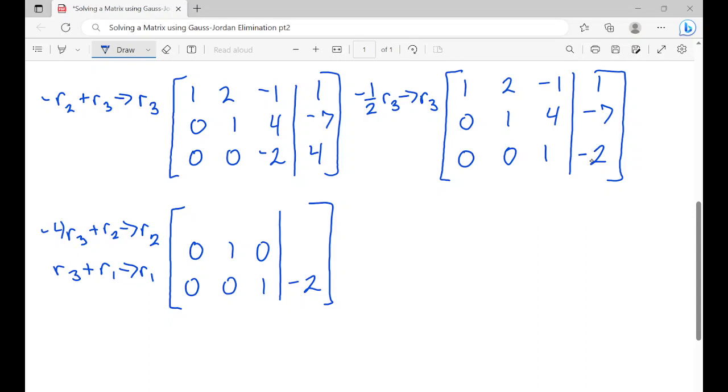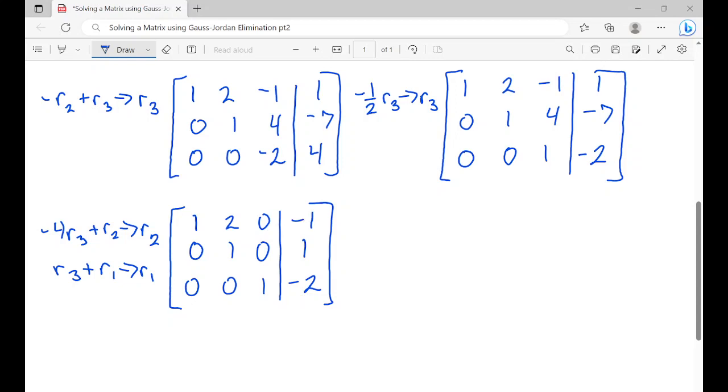Negative 4 times negative 2 is positive 8. 8 plus negative 7 is positive 1. So there's my row 2, and now row 1. So row 3 plus row 1, so 0 plus 1 is 1. 0 plus 2 is 2. 1 plus negative 1 is 0. And then negative 2 plus 1 is negative 1.